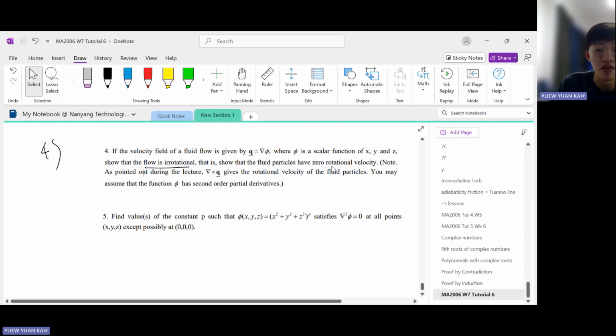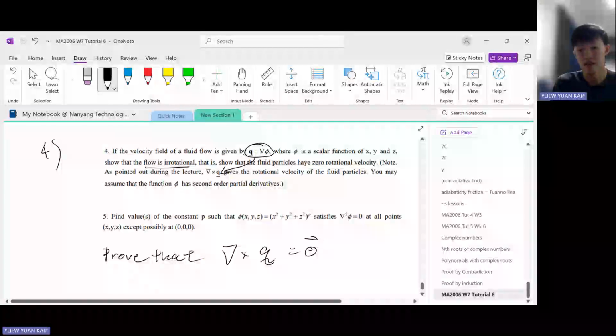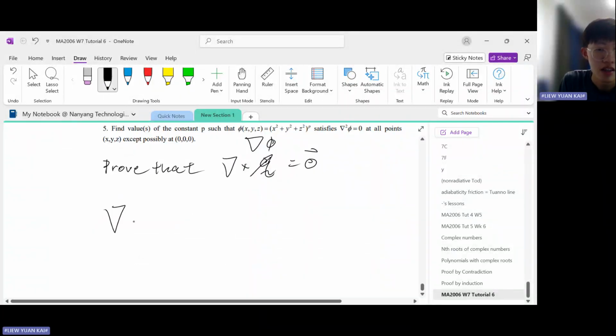That is to say, show that the fluid particle has a zero rotational velocity. Nabla cross q gives the rotational velocity of the fluid. So what we need to do is prove that nabla cross q is equal to the zero vector, where we replace q with nabla phi.